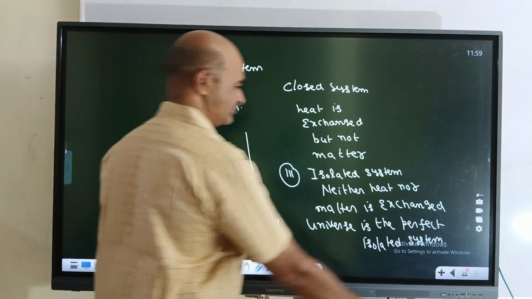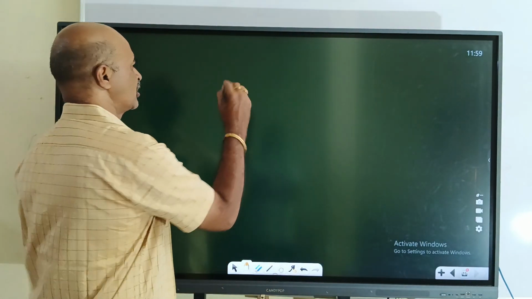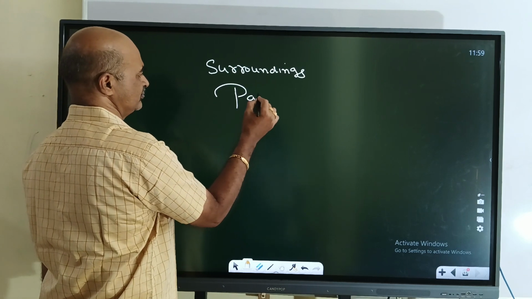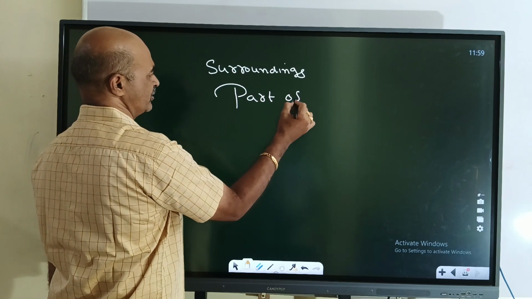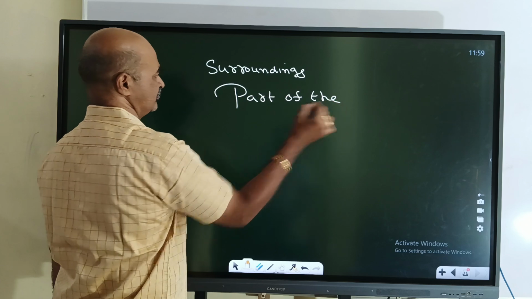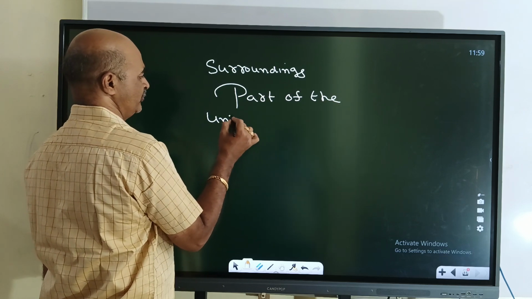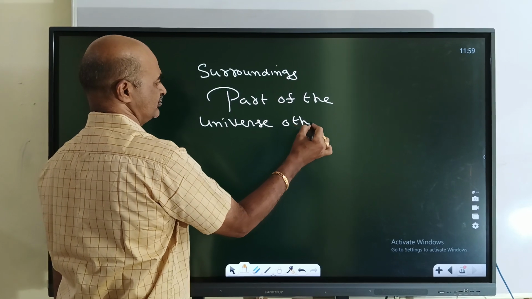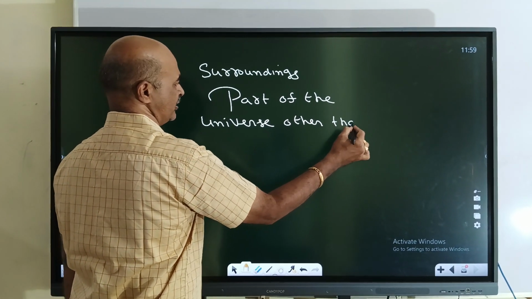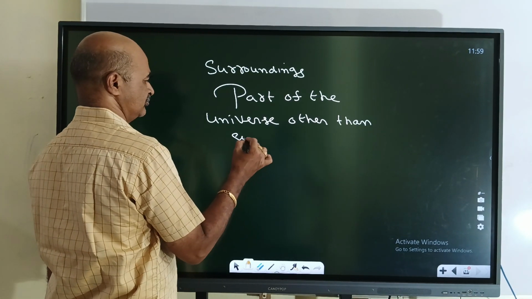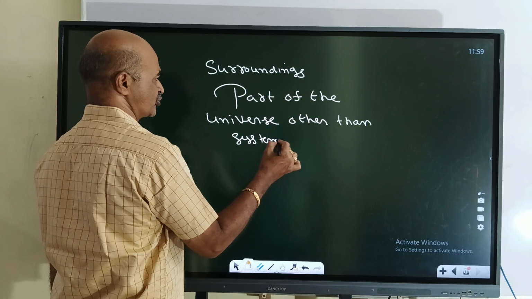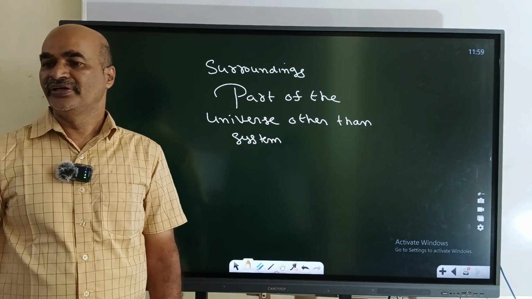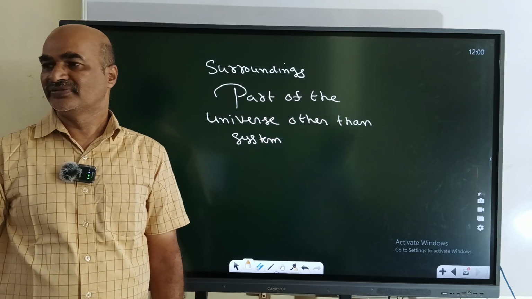And the next one, surroundings. System is a part of the universe. The part of the universe other than system is called surroundings.